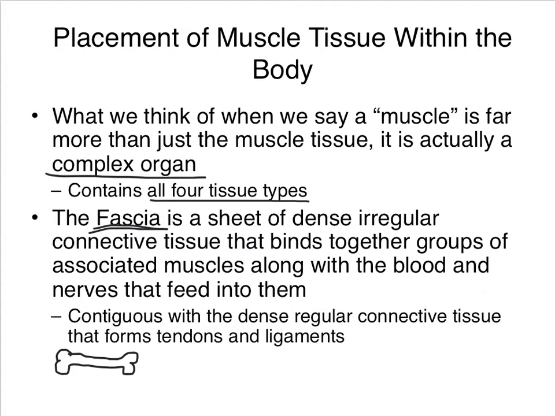And remember that the bone is surrounded by the periosteum, which is dense, irregular connective tissue. And at the tendon attachment point, all of that dense, irregular connective tissue is going to bind together and start facing the same direction, making dense, regular connective tissue, and that is going to be the tendon.